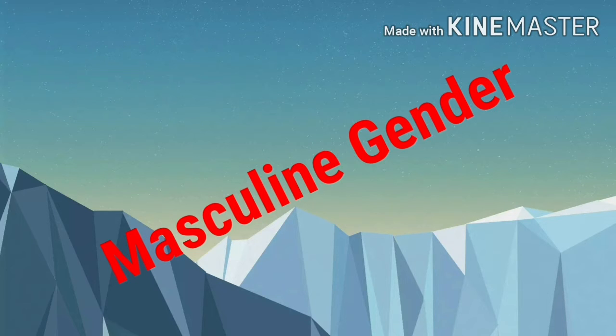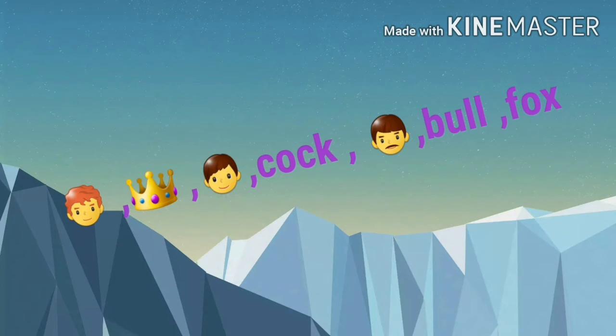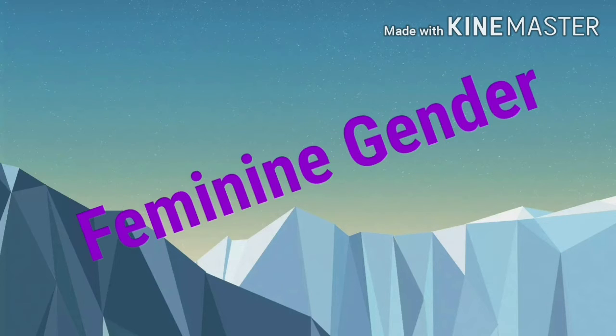See the example: man, king, boy, cock, father, bull, fox, which refers to male birds. Okay, so nouns that refer to humans or animals that are male or of the masculine gender.